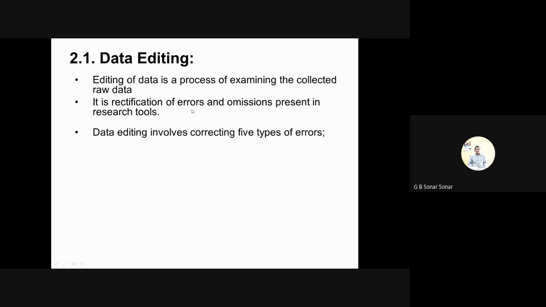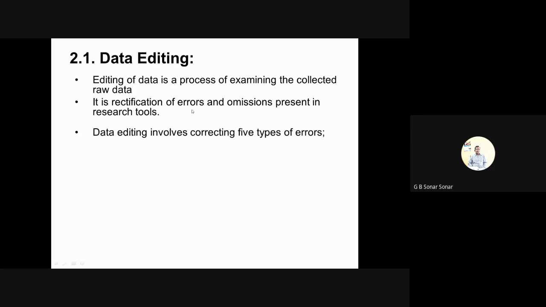Data editing involves correcting 5 types of common errors. Usually, in every research study, when the data are collected, whether it is doctoral data or any research project based data, when we go for processing it and while editing, usually 5 types of errors are seen in the research tools.